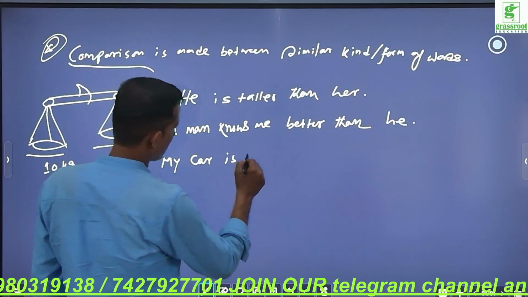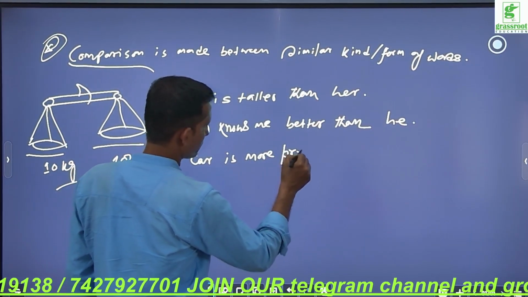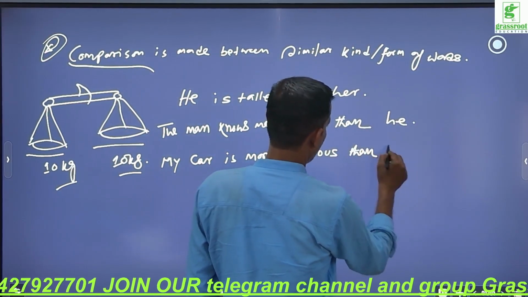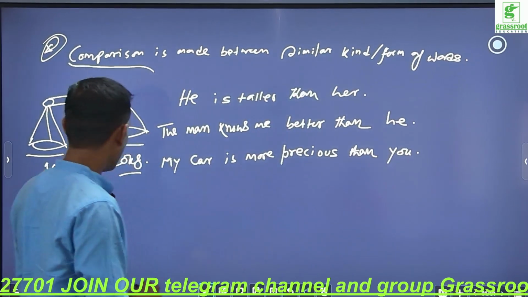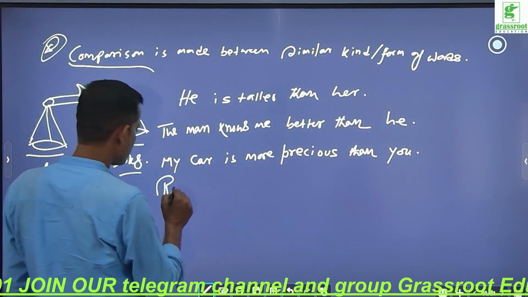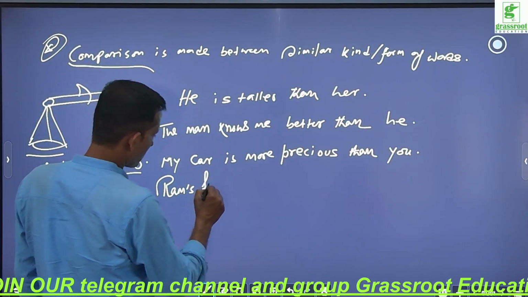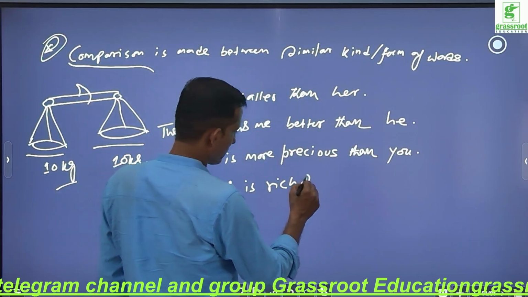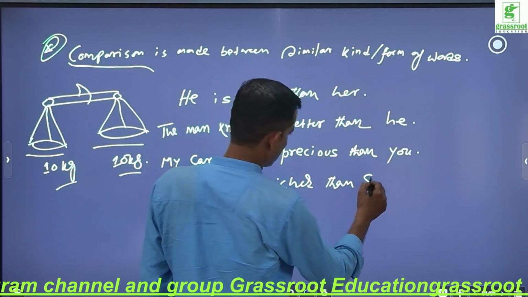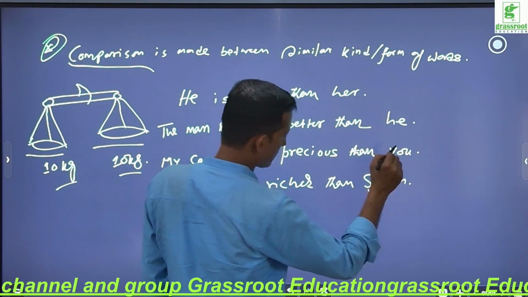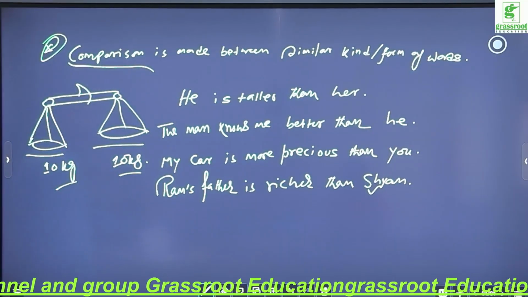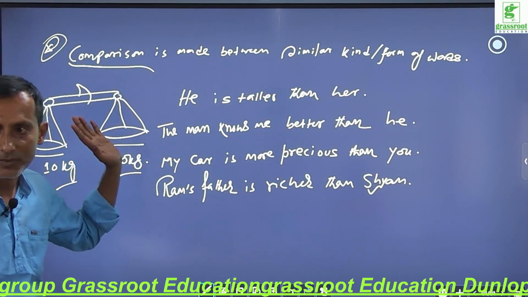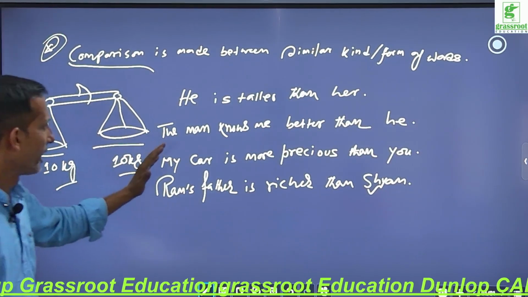Micah is more precious than you. And also, Ram's father is richer than some. So, there are 4 varieties regarding this rule. Okay? There are 4 varieties.